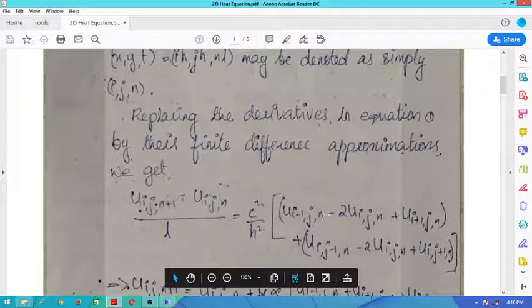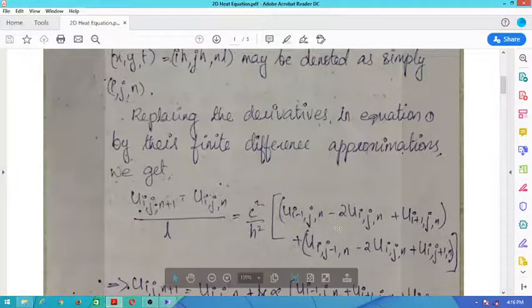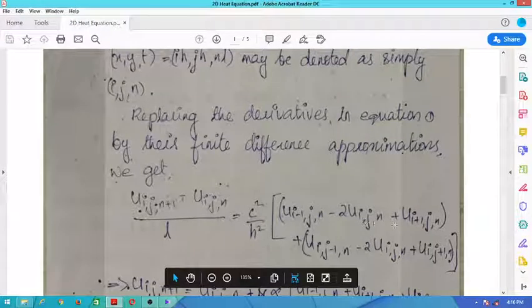the next term, ∂²u/∂x². The ith component corresponds to x, therefore the change appears only in the ith component. ∂²u/∂x² is replaced by (u_i−1,j,n − 2u_ij,n + u_i+1,j,n)/h², plus the next term ∂²u/∂y².